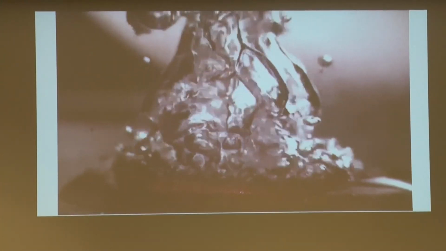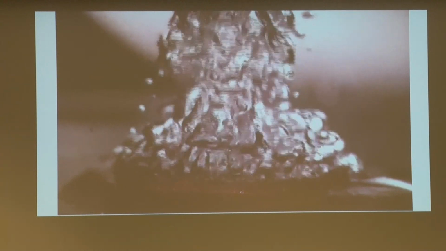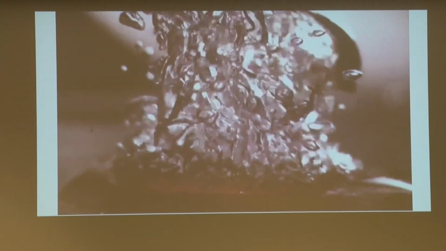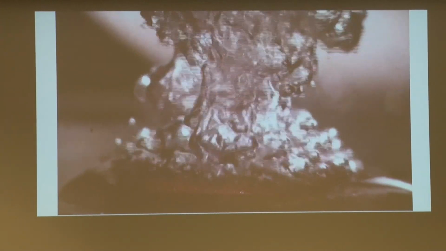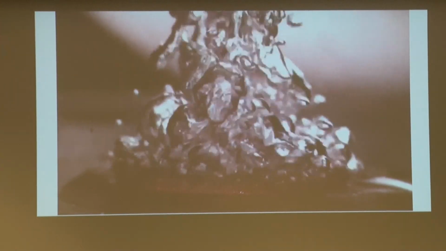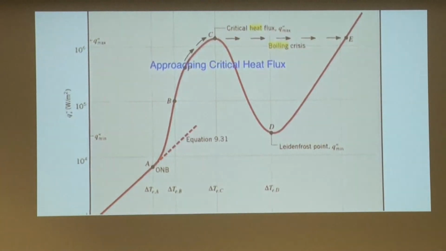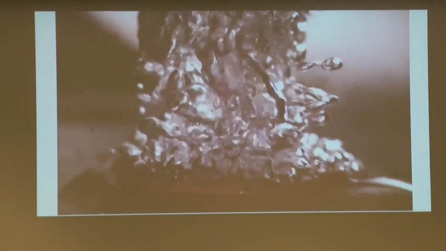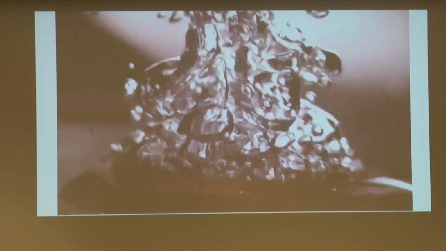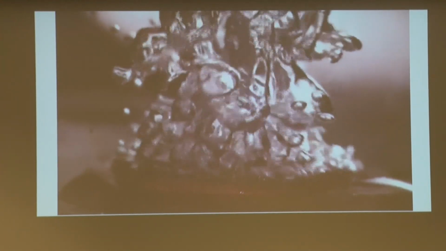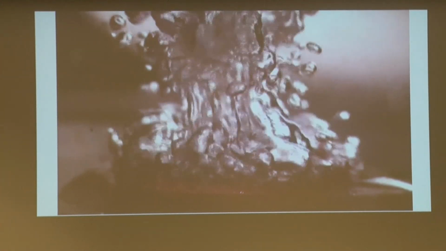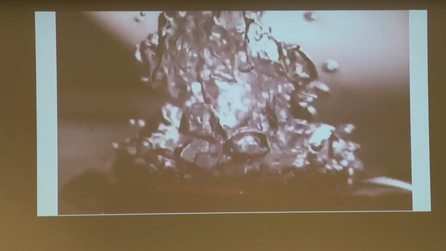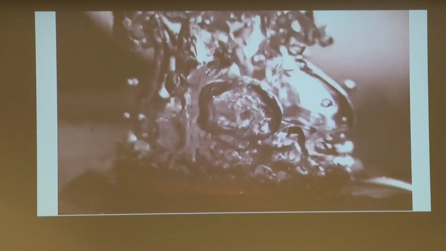So you see, you still see bubbles, but they're coming together. And as they go, this is all the nucleate boiling. You have more and more. Okay. And now they are at this point, approaching the critical flux. Now you see how the bubbles are pretty much all together? So you're having a jet going up.